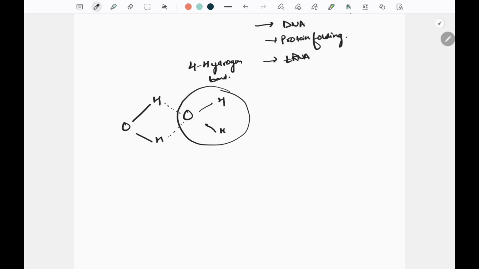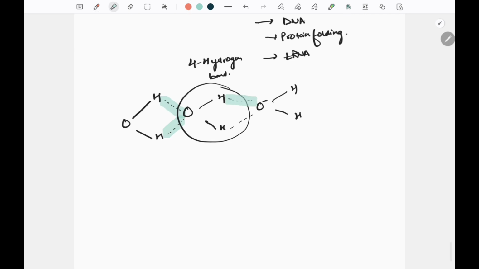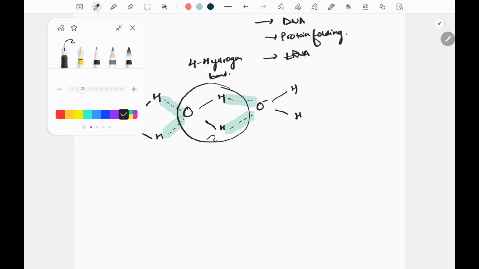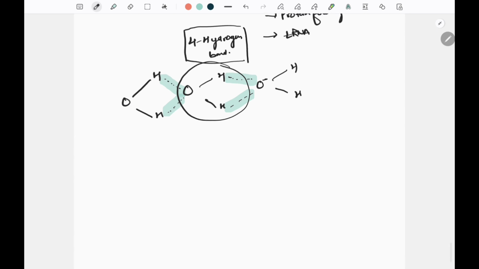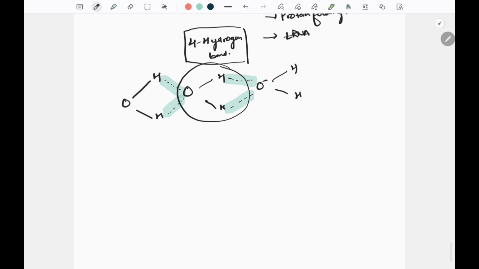Did you guess how? Now see, these can attach to some different water molecules. So thus we have 1, 2, 3 and 4. So there is one water molecule, and it is forming 4 hydrogen bonds. This is what you need to remember.